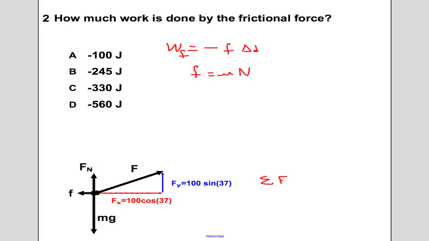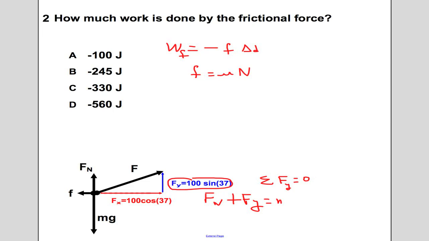And the normal force plus 100 sine of 37 degrees, which is Fy, add up to mg. Forces up equals the forces down, or all the forces add up to 0.